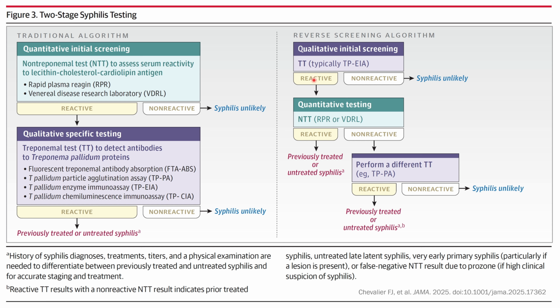Whereas if the first one is reactive and the second one is non-reactive, you confirm with a different TT to get confirmation. If you have 2 non-reactives here, you essentially say syphilis is unlikely, whereas if this is reactive, you do treat. So this one is a bit more complicated, so I suspect more centers do the traditional algorithm, whereas reverse screening is starting to become more used.